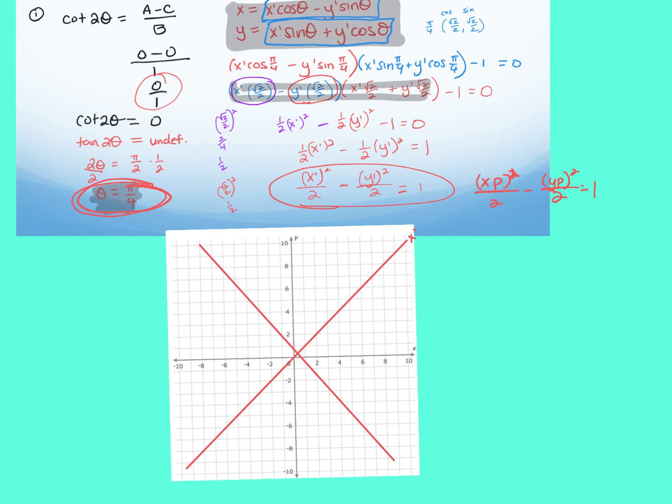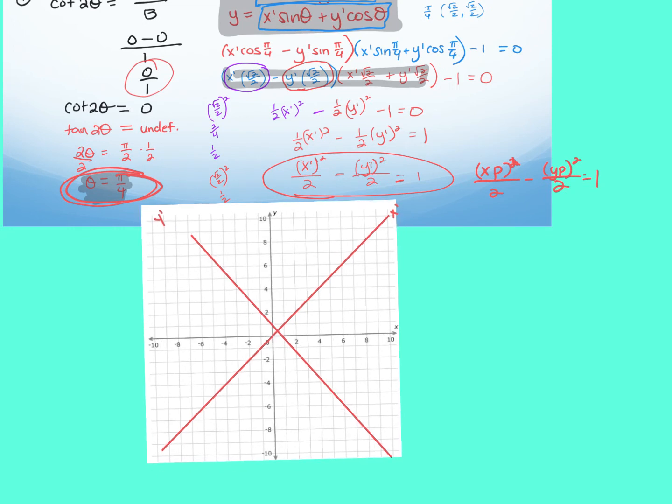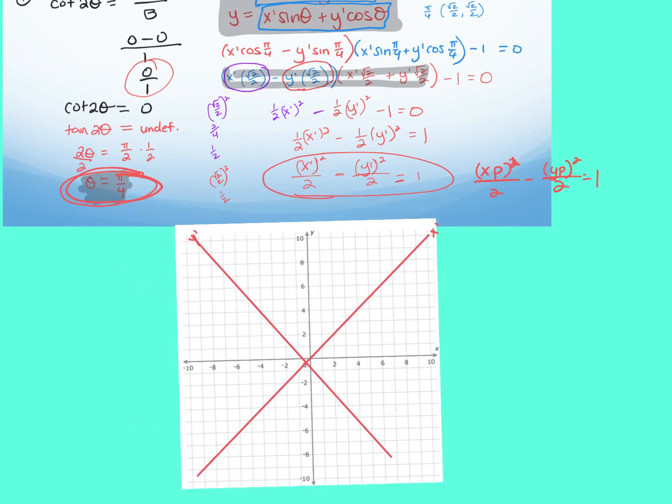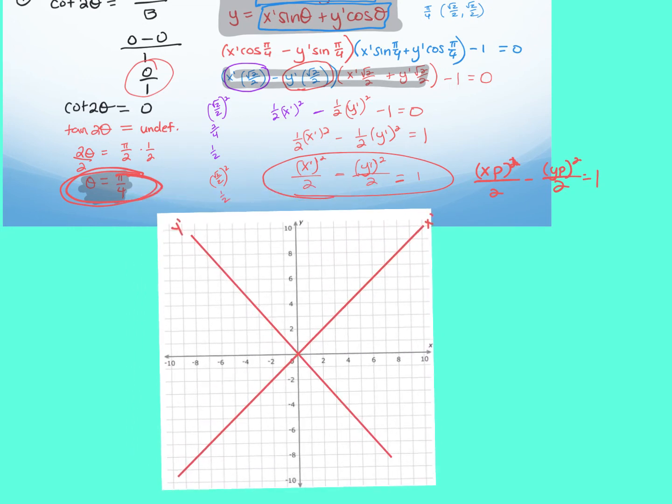This is your x prime, this is your y prime. So if you are doing this on a piece of paper, and you will, whether you're at home or you're here, I would physically take my paper and rotate it so that the x prime is where my x normally is. Oh, let me group this before I rotate it.